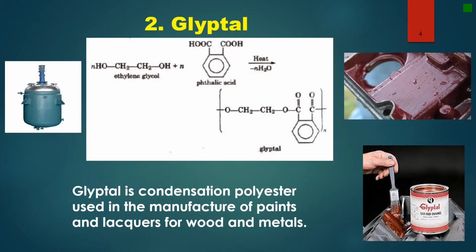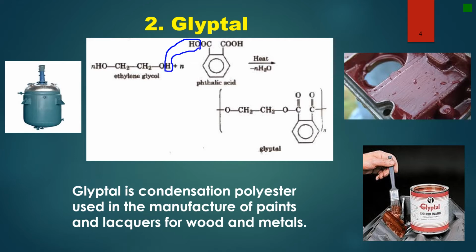Another common example of polyesters is Glyptal. Glyptal results from the combination of ethane-1,2-diol and benzene-1,2-dicarboxylic acid. They combine together by the dicarboxylic acid losing OH, and the alcohol functional group losing hydrogen.